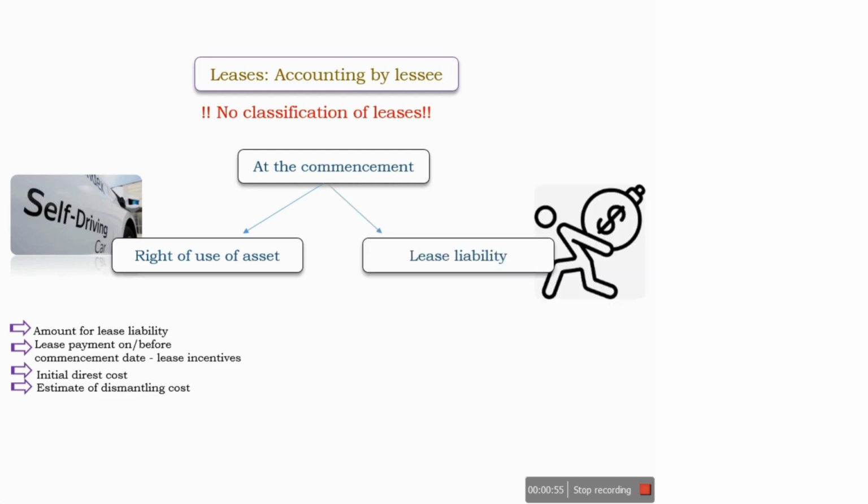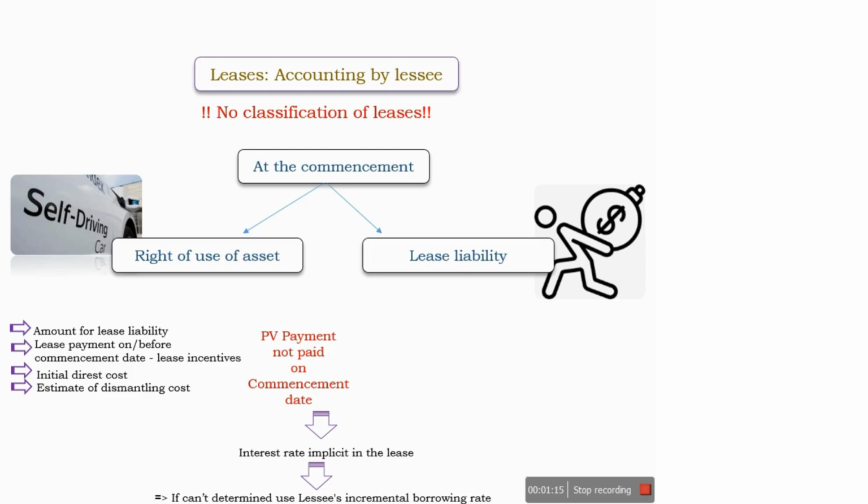Apart from the right of use asset, the lessee will recognize the lease liability also. It is the present value of the payments that are not paid on the commencement date. For calculating the present value, we will use the interest rate implicit in the lease, and if it is not determinable, then the lessee's incremental borrowing rate will be used.